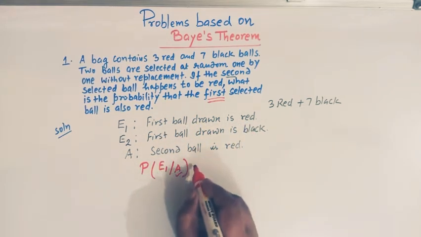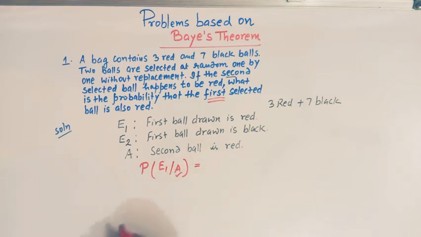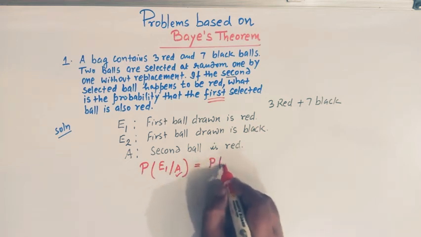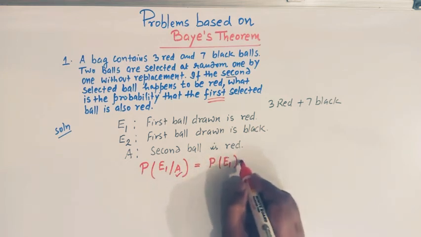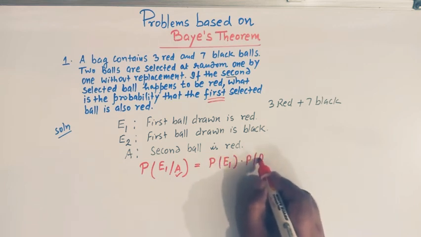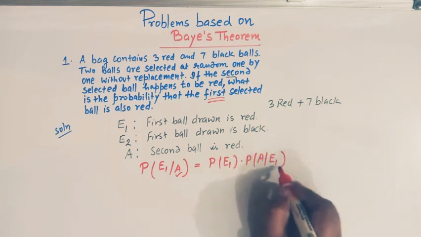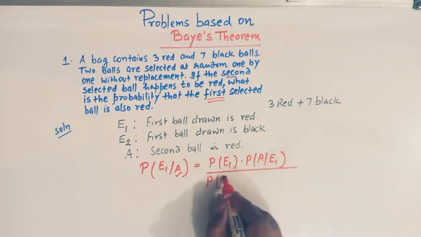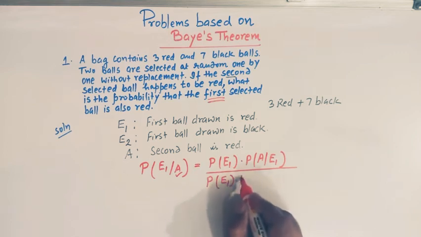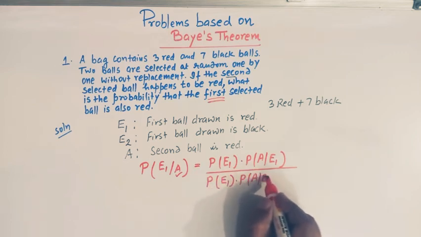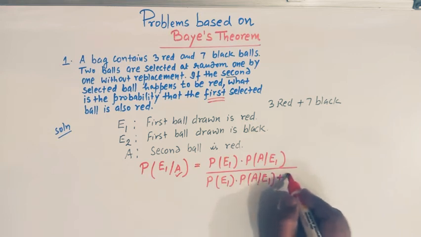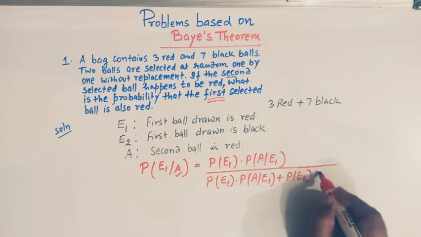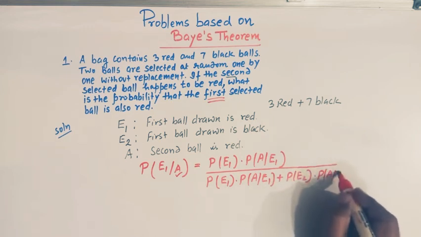So if we apply Bayes theorem, then P(E1 by A) can be written as P(E1) multiplied by P(A by E1), divided by the same factor P(E1) times P(A by E1) plus P(E2) times P(A by E2).